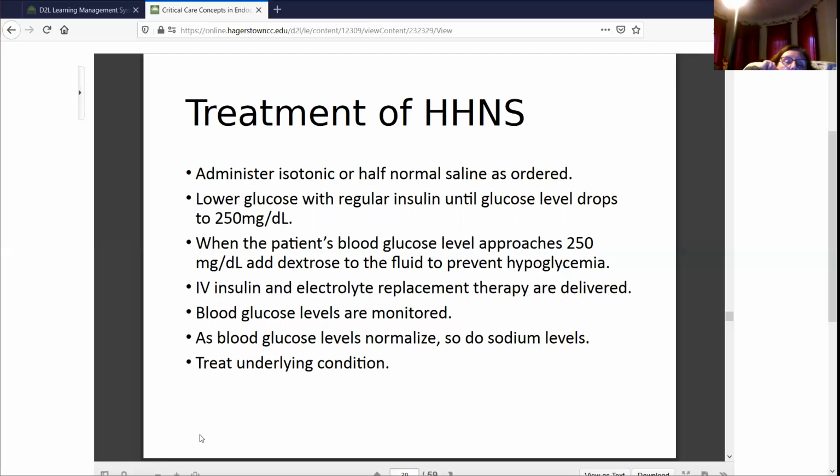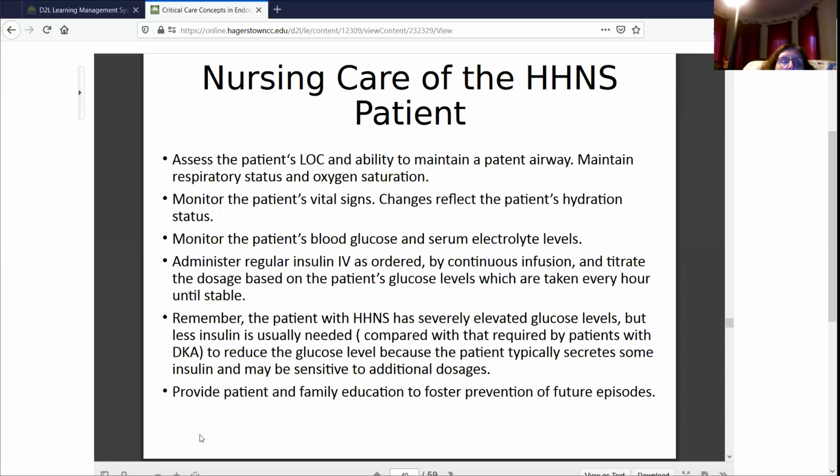Blood glucose levels are monitored. As blood glucose levels normalize, so do the sodium levels. Okay? And that's because we are no longer putting out large volumes of urine. And we know that sodium follows urine. So what we're trying to do is treat the underlying condition.